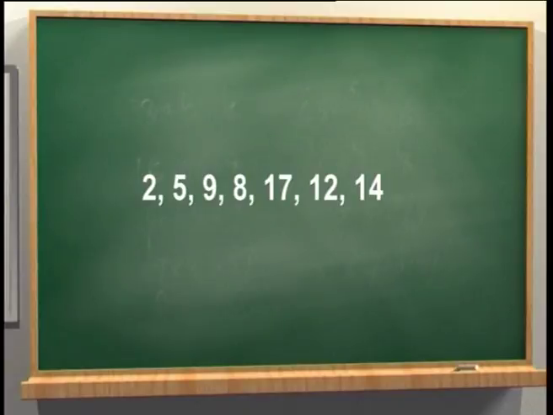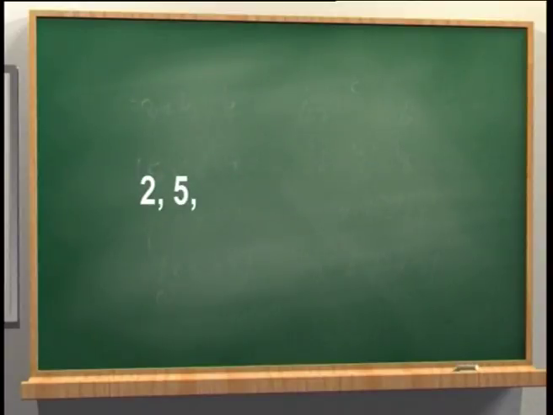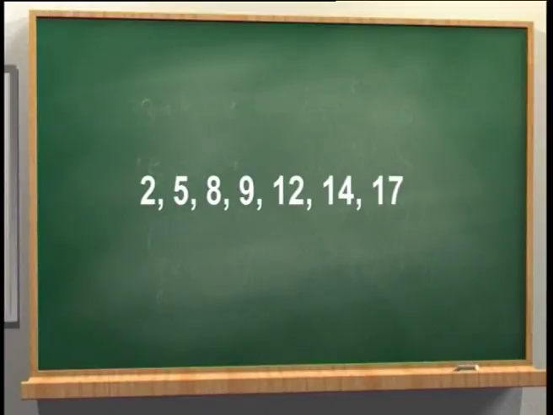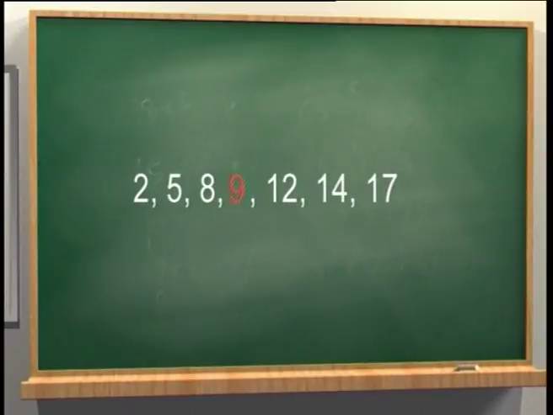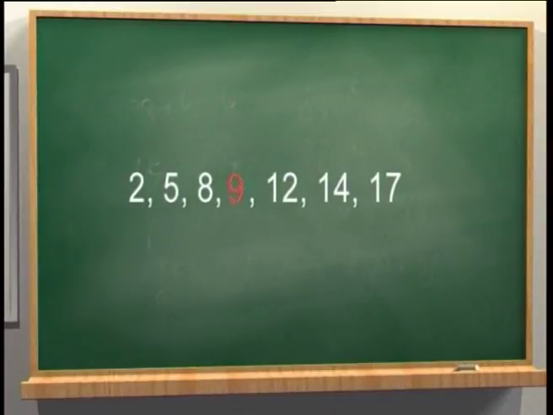On arranging them in ascending or descending order, we have the sequence 2, 5, 8, 9, 12, 14 and 17. We find that there are 3 cases above and below 9, and 9 itself is the midpoint of the unit interval 8.5 to 9.5. Thus, 9 divides the whole distribution into 2 equal halves. Therefore, 9 would be the median in this case.